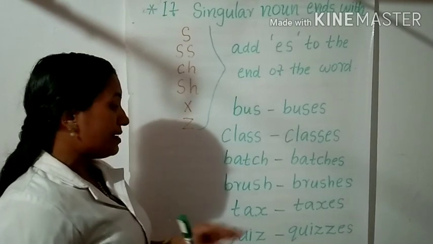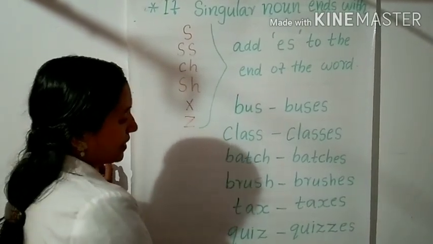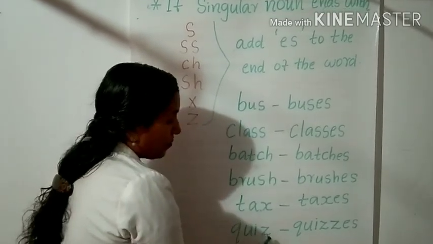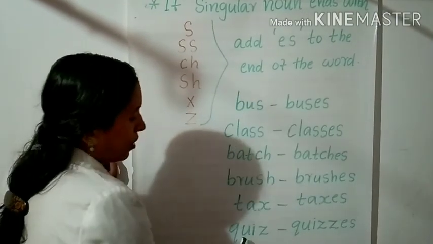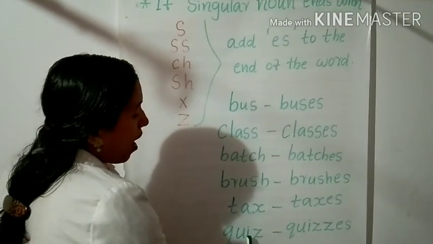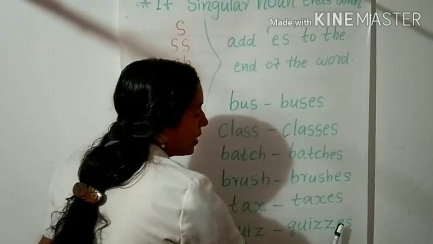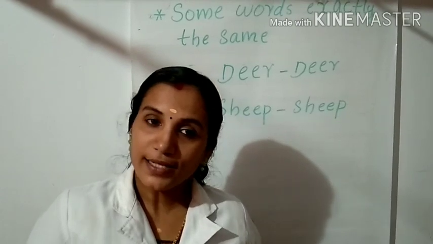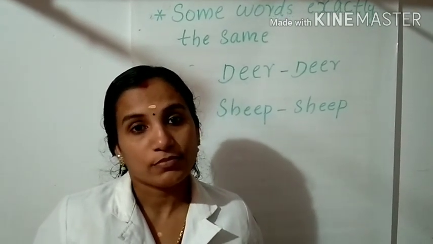Next, Z. Z is a little different, because when changing singular to plural, in quiz the Z comes last. You just add one more Z and add the ES. For example, quiz. Quizzes.